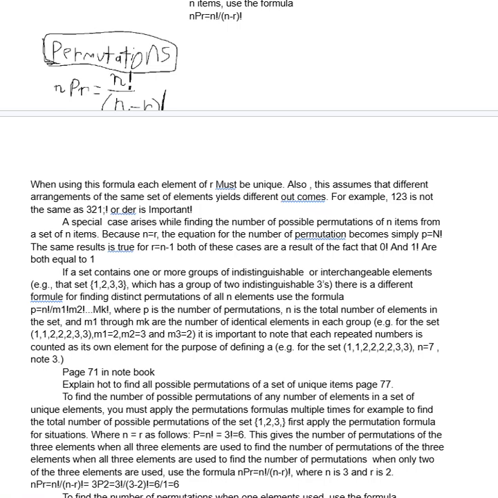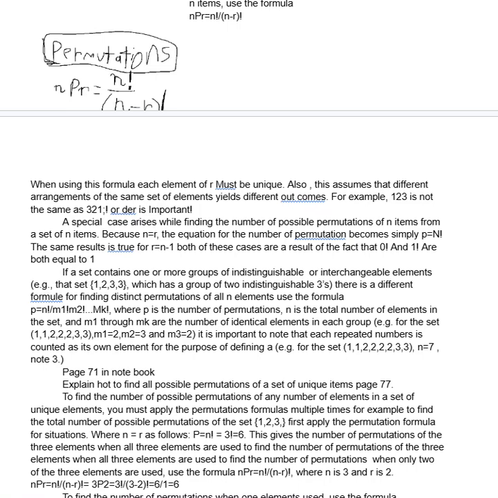If a set contains one or more groups of indistinguishable or interchangeable elements, e.g., the set 1, 2, 3, 3, which has a group of two indistinguishable threes, there is a different formula for finding the distinct permutations of all n elements.